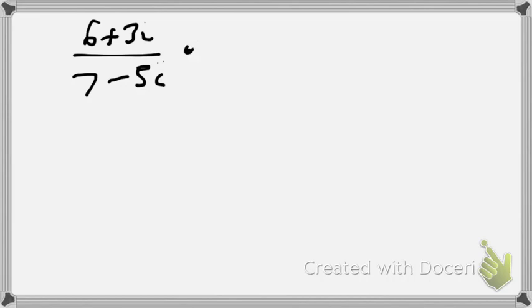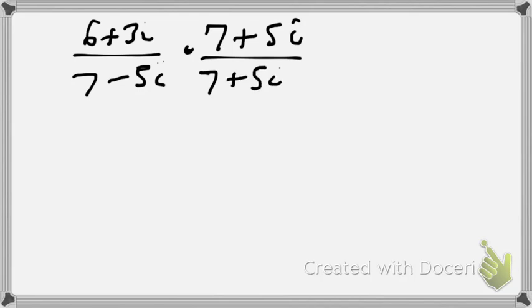The complex conjugate of 7 minus 5i is going to be 7 plus 5i. So we're going to multiply by 7 plus 5i over 7 plus 5i. Alright, so we're multiplying by 1, but a different kind of 1, because 7 plus 5i over 7 plus 5i would give us 1. So we're not changing any values here.